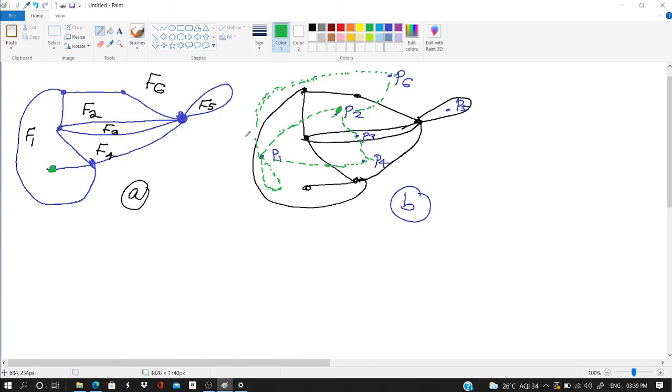Then from F6 to F1, F6 to F2 already drawn, F6 to F5. Then F6 to F4. That means P6 to P4.